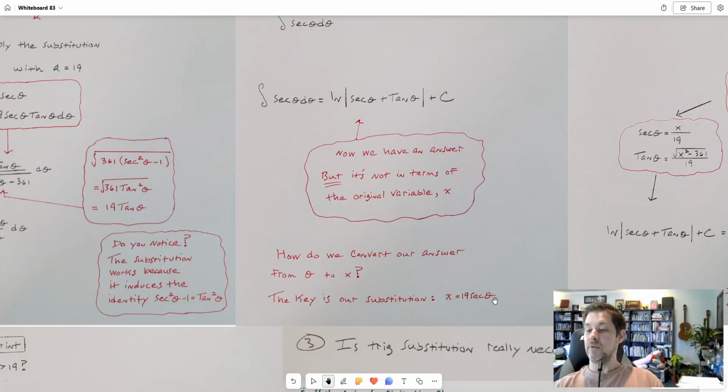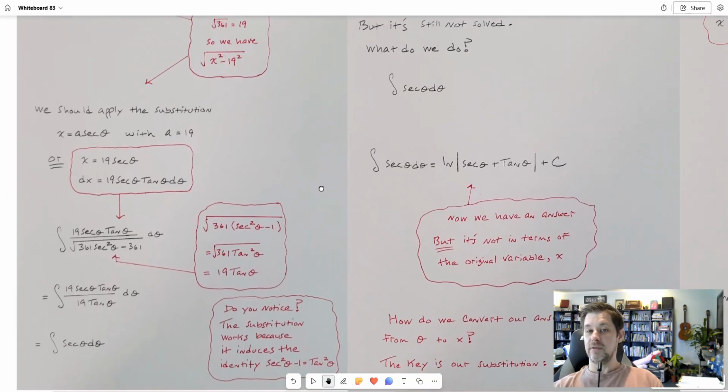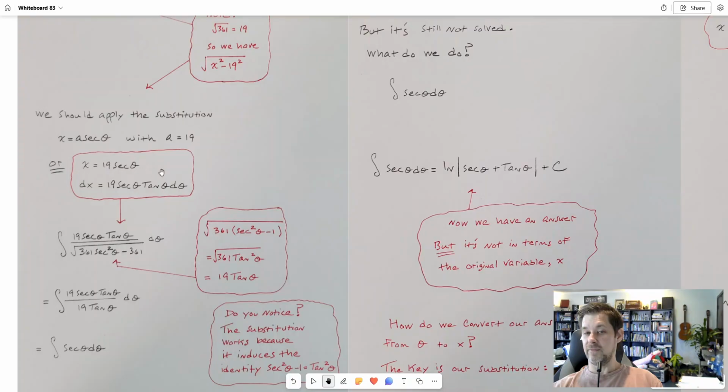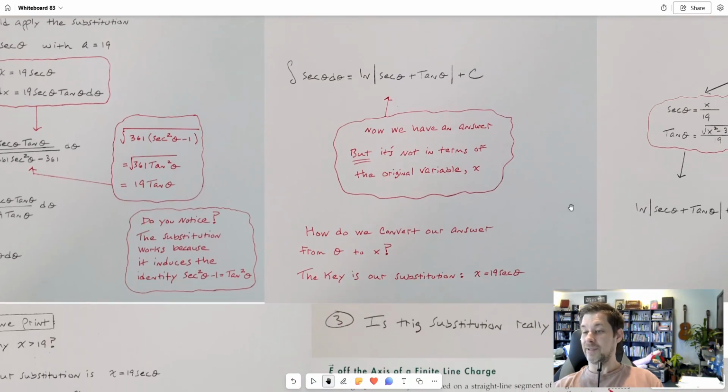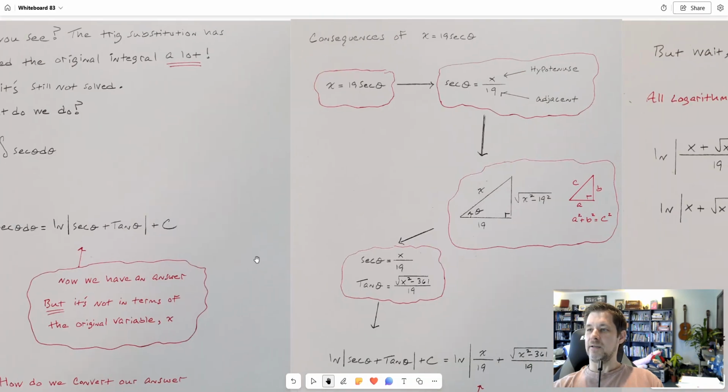The key would be the substitution. The substitution is what changes from one variable to the other, so you can change back. So the trick to converting is just to see what does x equals 19 secant theta do for us. Okay, so all right, let's do this.